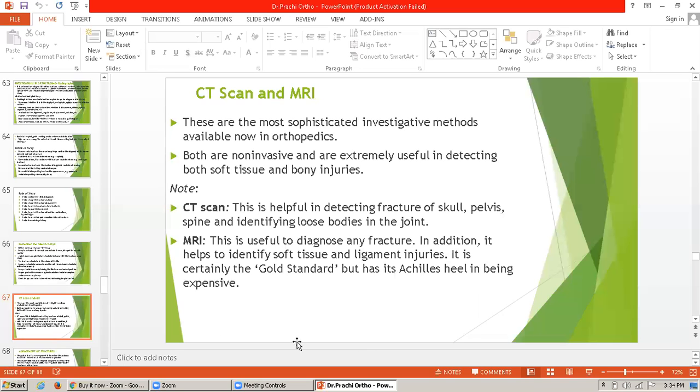So, MRI is quite expensive, but it helps to identify soft tissue and ligament injury. And CT scan is helpful in detecting fractures of the skull, pelvis, spine, and identifying loose bodies in the joint.